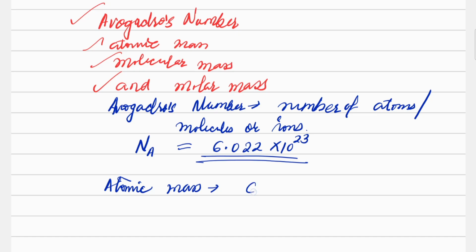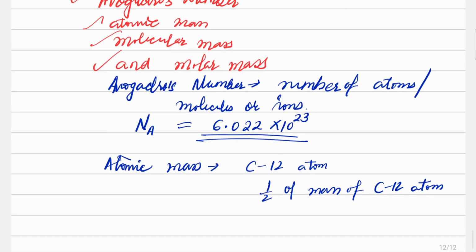Nowadays we use the carbon-12 atom as standard. So we say that atomic mass is the mass of an atom which is a multiple of 1/12 of the mass of a carbon-12 atom.